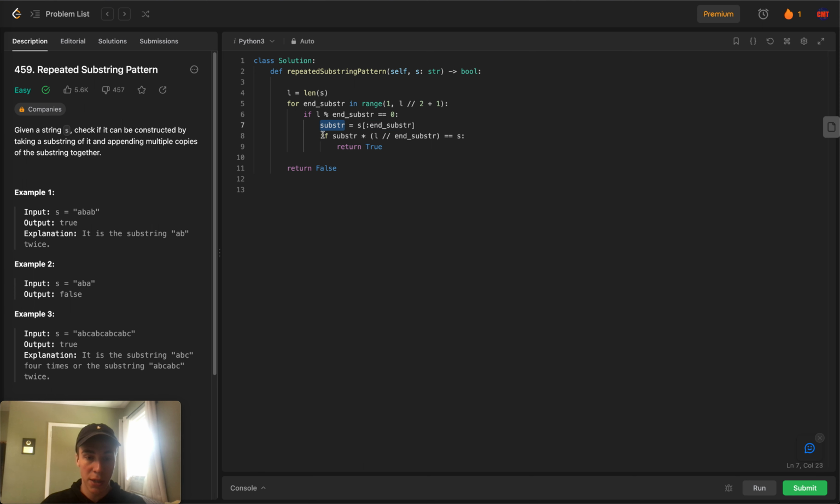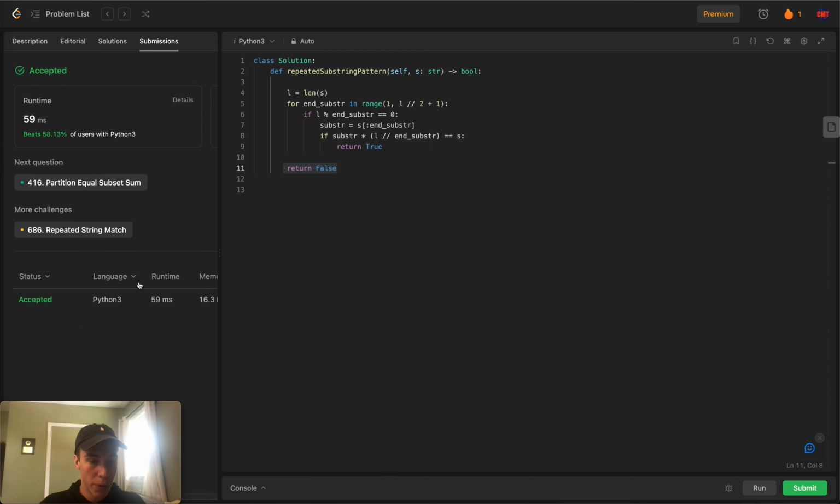Now that I have that substring, I simply multiply that substring, so repeat it the number of times to make up S. And if the two strings are equal, then return true. Very easy submission we have here.